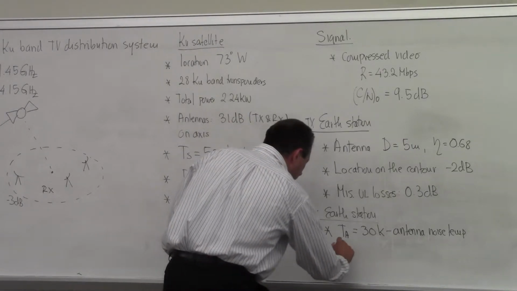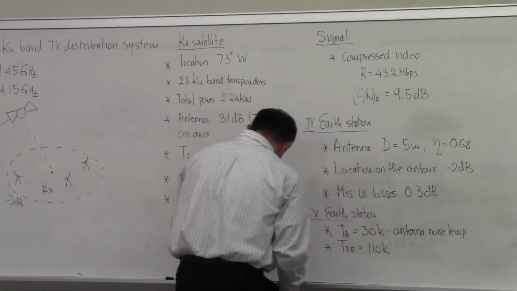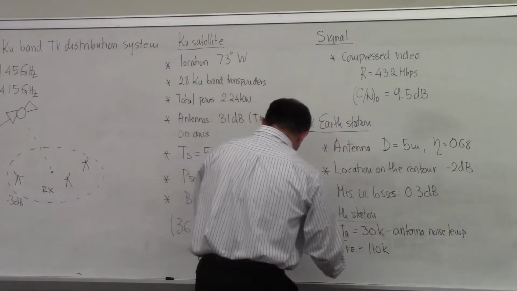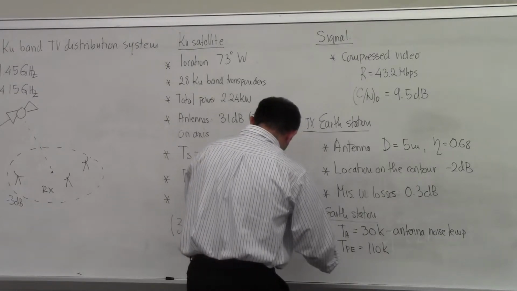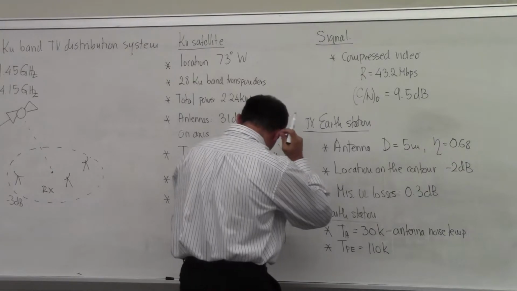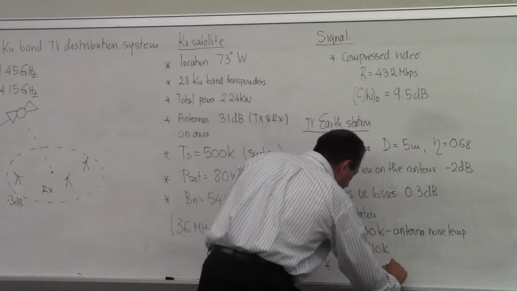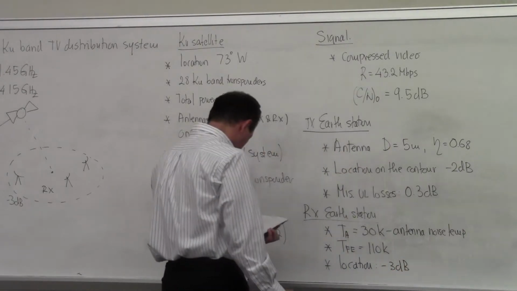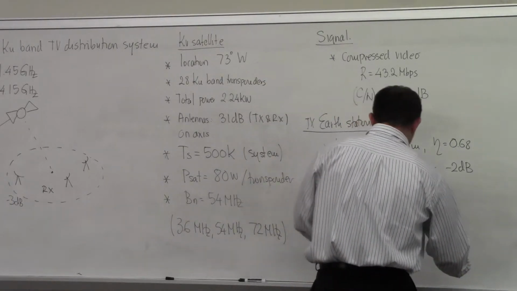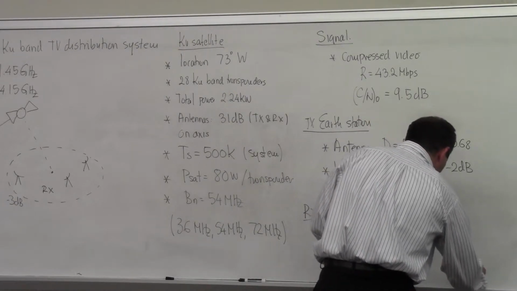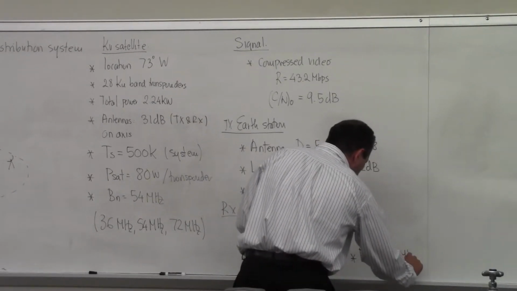Front end LNA has a noise temperature of 110 K. The location is -3 dB on the contour, and the noise bandwidth, I guess, is 43.2 megahertz.